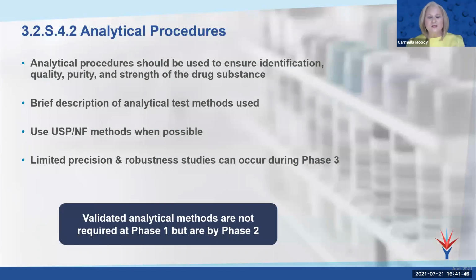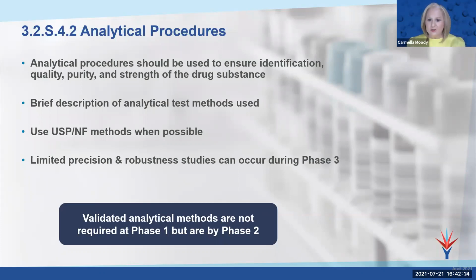Okay, so again, my favorite part of all of this is analytical methods, because I think your analytical methods are so very important in your overall development program, because what you know about the quality and information of your manufacturing process is only as good as your analytical methods are.